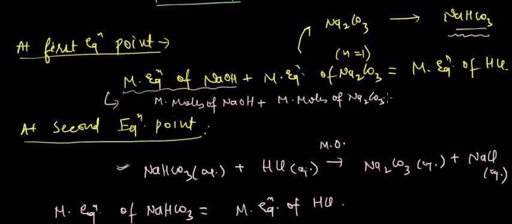The n factor here would still be 1. Why? Because still the Na2CO3 is getting converted into NaHCO3. Okay, so the n factor is still 1, and here you can write millimoles of HCl.